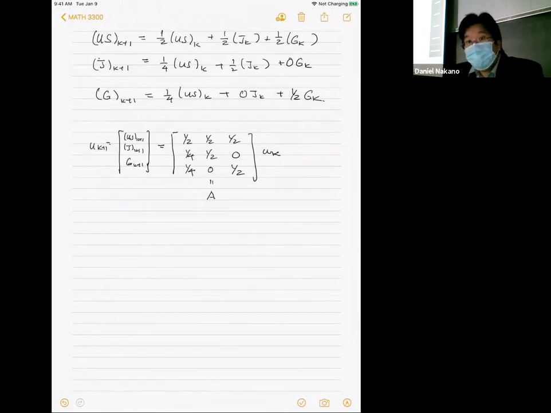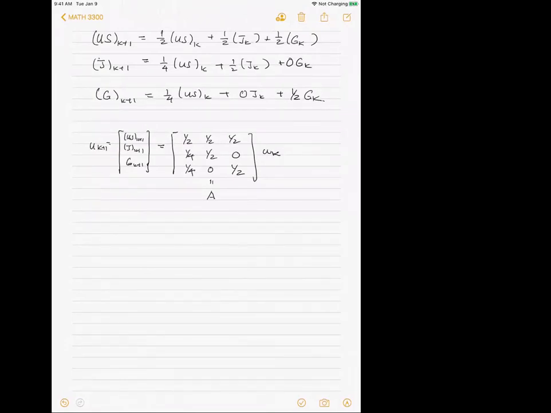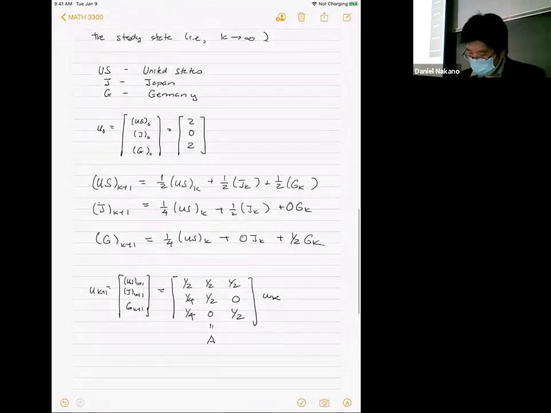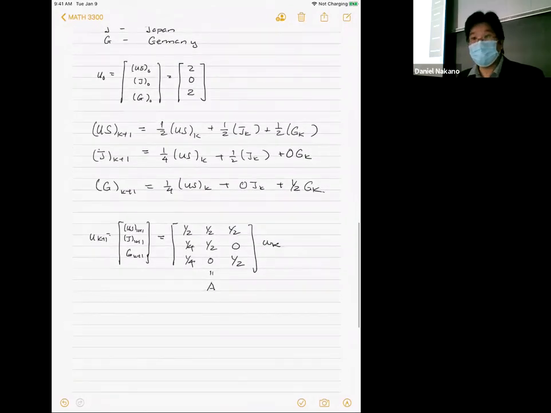So can I find U_k? Yes or no? What should I be thinking about trying to do? Diagonalize the matrix. Right, so we want to see if this matrix is diagonalizable. I'm going to give you the data after you do the computation. So we're not going to do the computations exactly, but I'll give you the information.